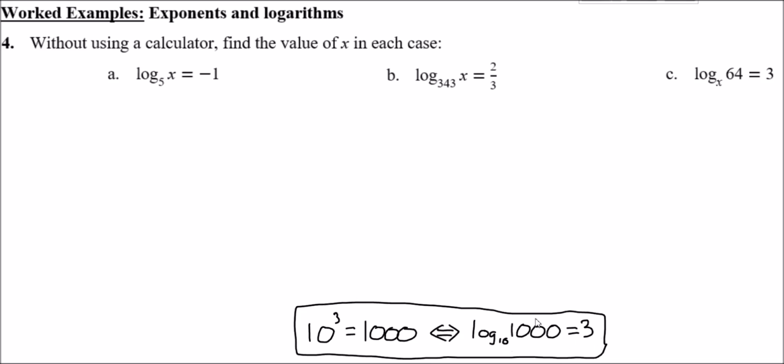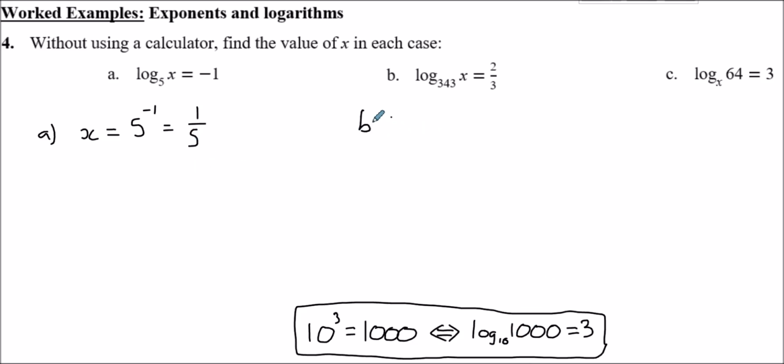And so this number here is given by taking this number here and raising it to this power. So using this idea here, we can hopefully now see that x must be 5 to the power minus 1, in the same way that 1,000 is 10 to the power 3. And 5 to the power minus 1 is obviously 1/5.